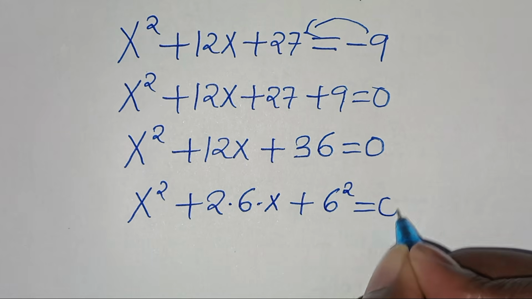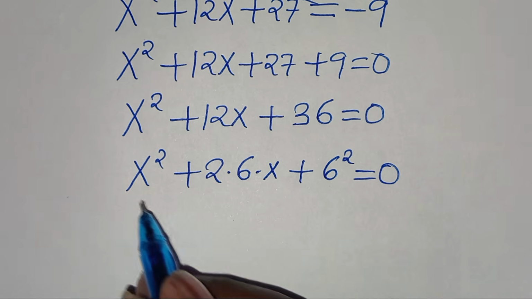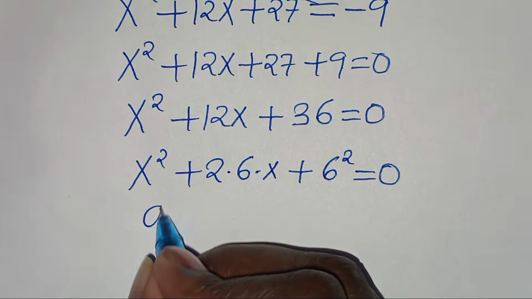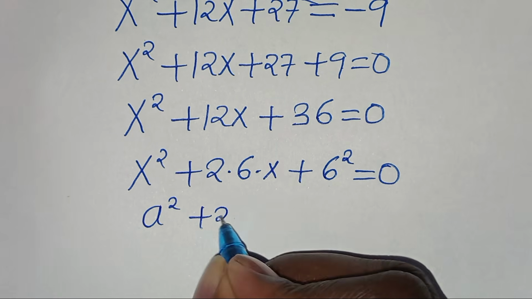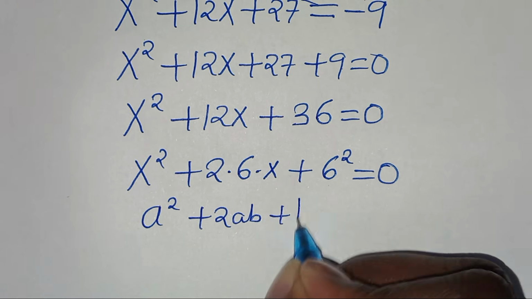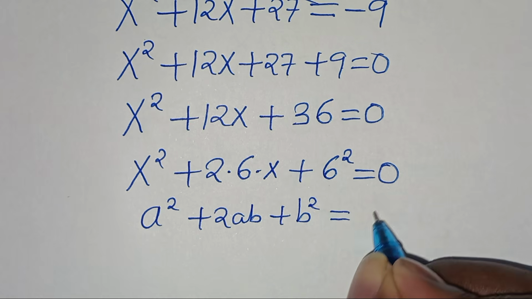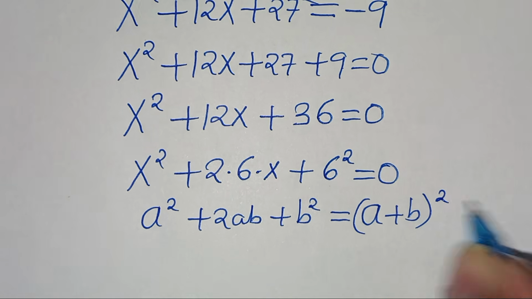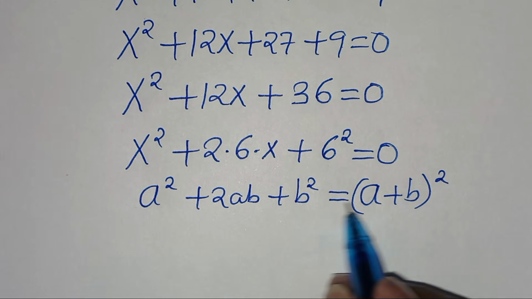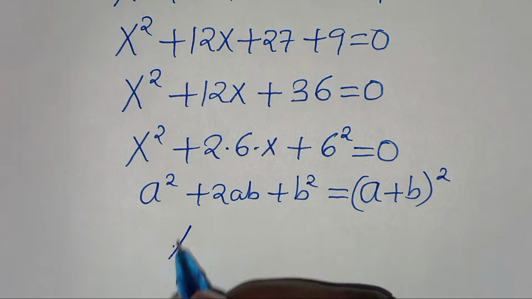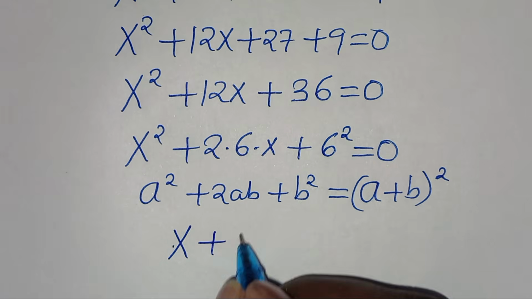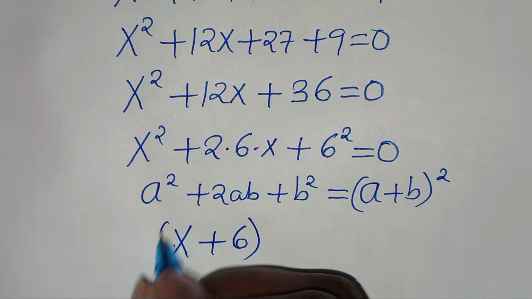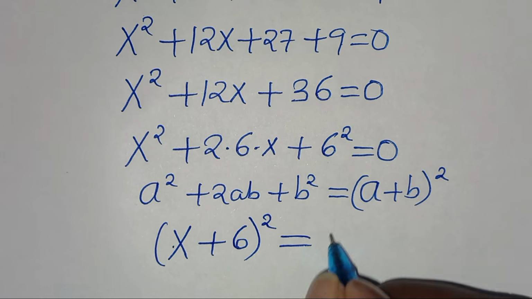This is equal to 0. Now this is in the form of a squared plus 2ab plus b to the power of 2, which we can express as (a plus b) raised to the power of 2. Let's apply this algebraic identity so that we have (x plus 6) raised to the power of 2. This is equal to 0.